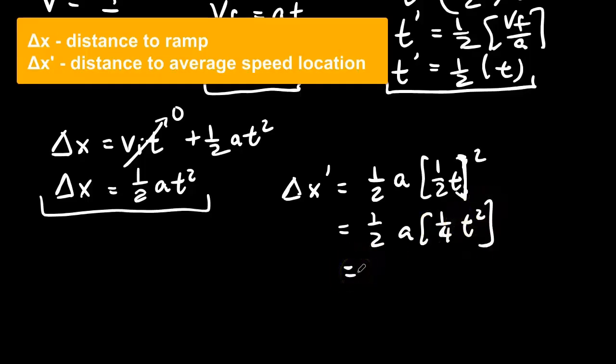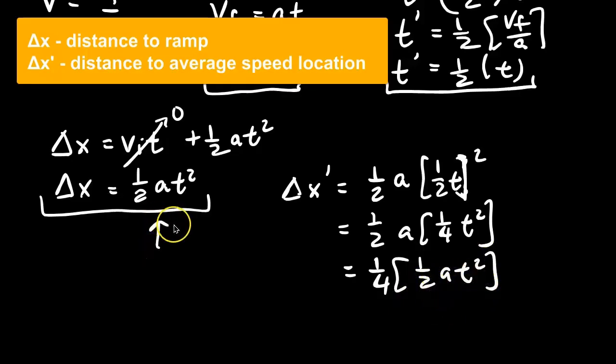Now I'm going to factor out the 1 over 4, and that gives me 1 over 4 times 1 over 2 A T squared. Now, have we seen this before, 1 over 2 A T squared? Yeah, we have, right here. So we've seen that before. So delta x prime is simply 1 over 4 times delta x, okay?